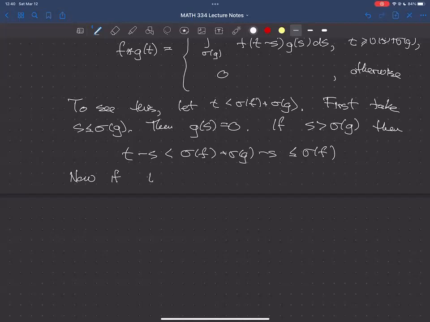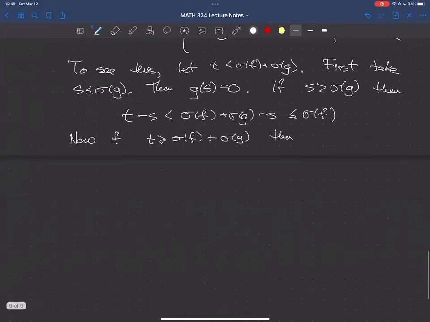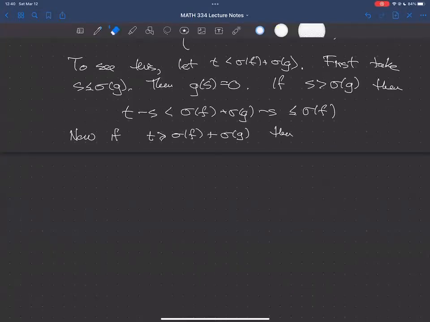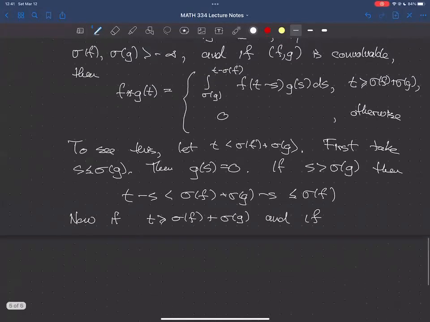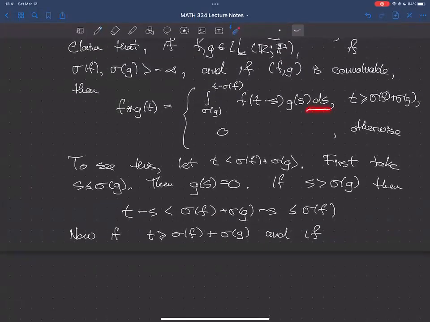Now, if t is greater than or equal to sigma of f plus sigma of g, we're integrating here with respect to s. Suppose we have s larger than that. I'm going to show that the integrand is going to be 0 for those s's.